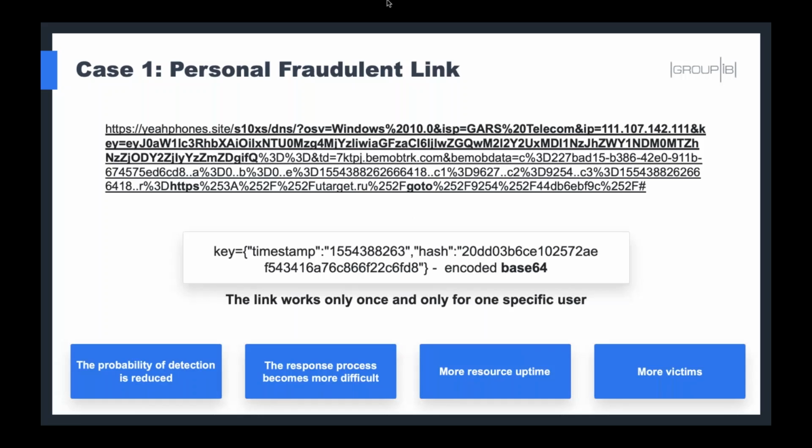So let's look at the particular link which was discovered by our analysts. Our analysts just got through the redirect path and got the personal link. If you take a look at it, it looks rather huge, and probably not all of you will see something interesting here.